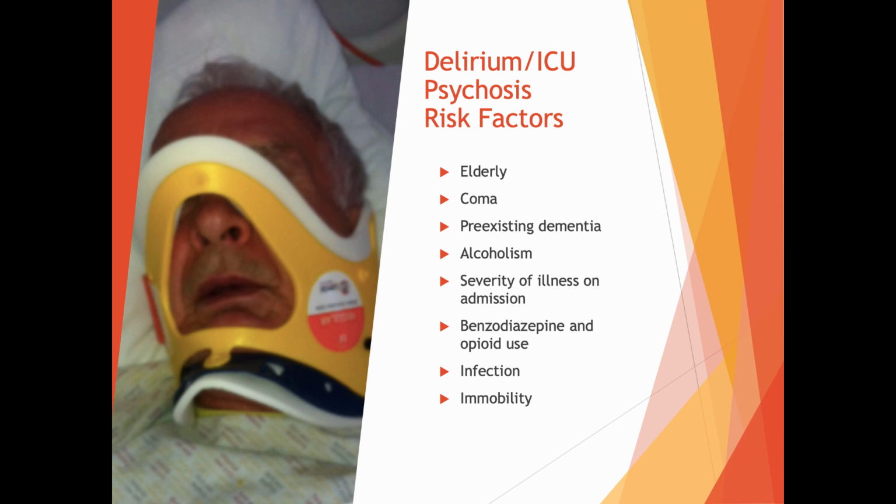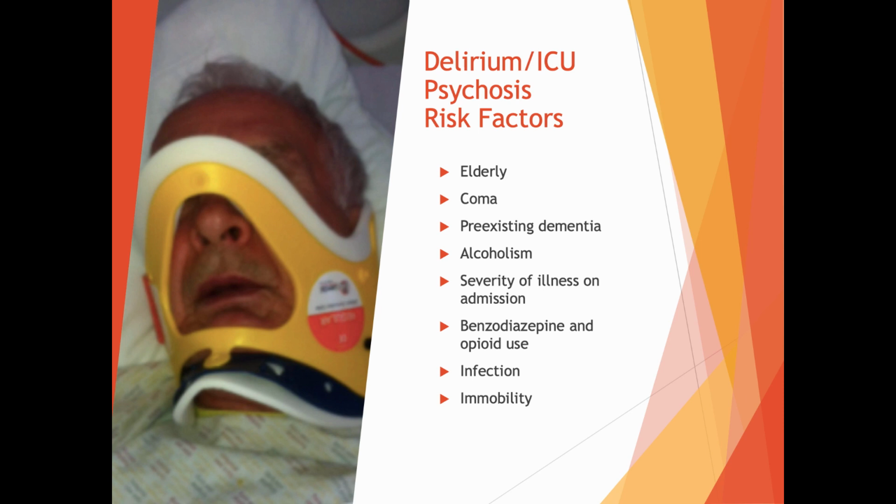They have constant reminders to reorient themselves. When we send them to the intensive care unit, they lose all that. They lose the references that they see around their house. They lose the people who they see or are accustomed to seeing, pets, etc. So elderly are certainly at high risk for delirium and psychosis.